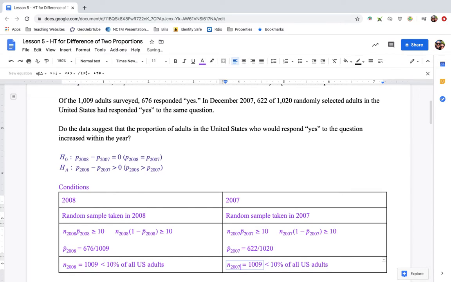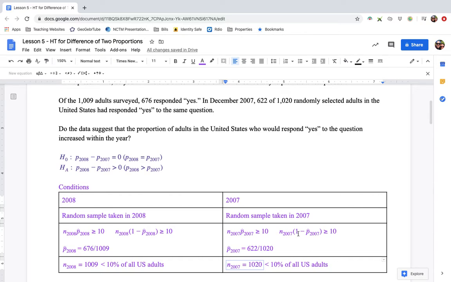First of all, that means all of the individual responses in 2007 were likely independent of each other, and the same thing in 2008. And moreover, it's unlikely that anybody who was in the random sample in 2008 was also in the random sample in 2007, since this is a huge population. So these random samples are independent of each other.